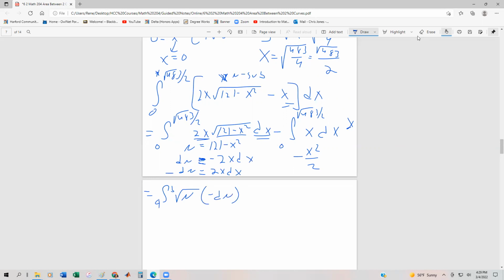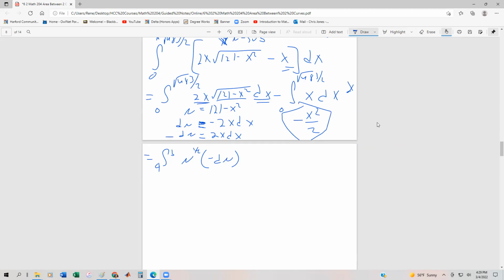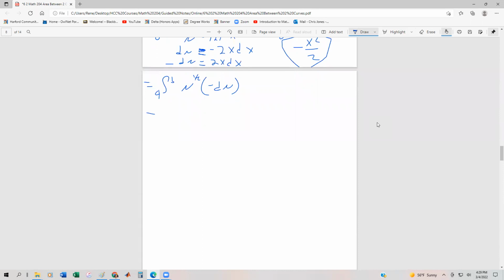Another way to write this is just to turn that square root into the 1/2 power. That's really nice, just like we've done many times. Not forgetting this, we're going to hold on to this negative x squared over 2. And so finally, when we integrate, we have this negative that goes out front. It's going to be u, add 1 to 1/2 is 3/2, over 3/2, from a to b.